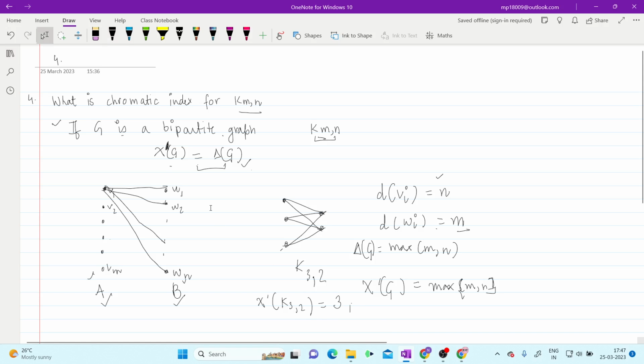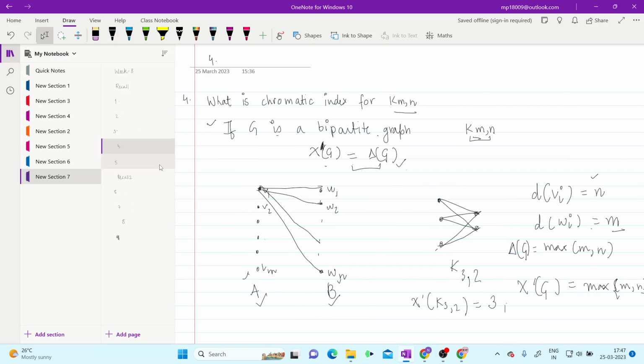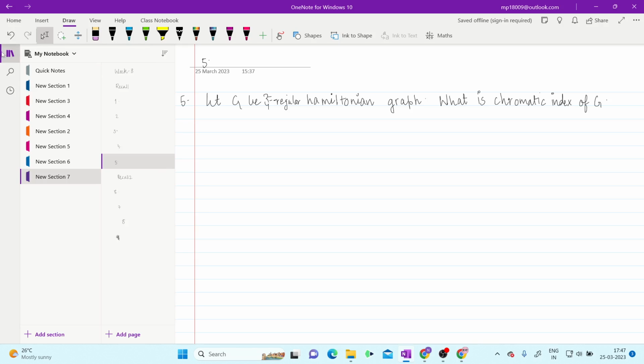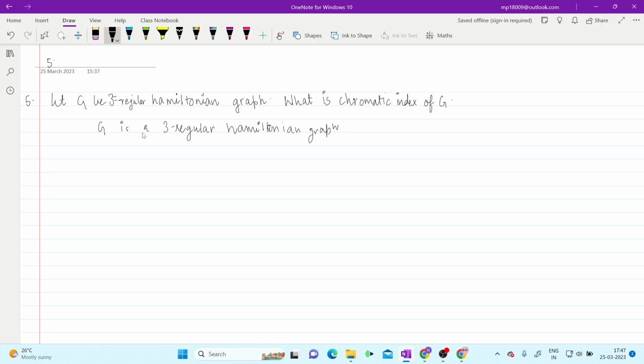Okay. Next question. G is a 3-regular Hamiltonian graph. That means the degree of each vertex in G is 3.